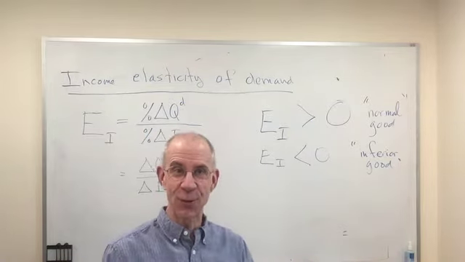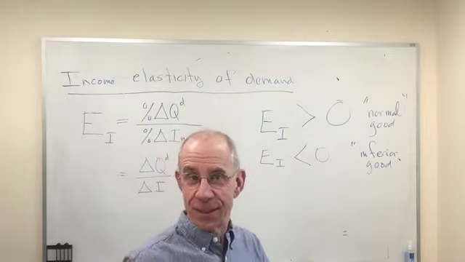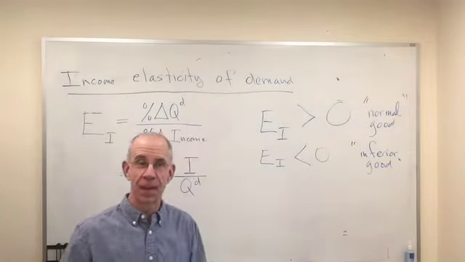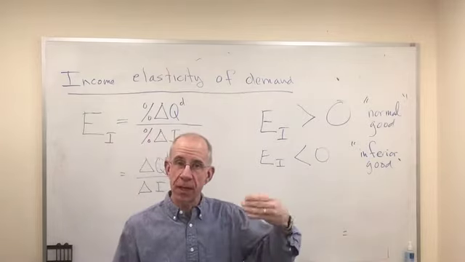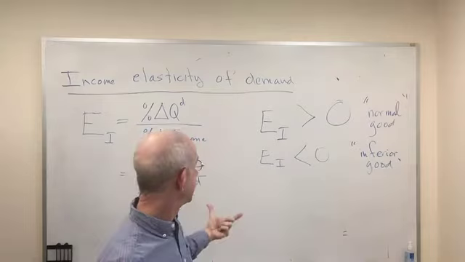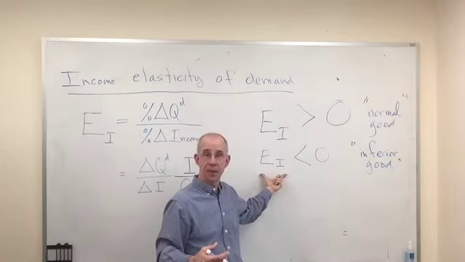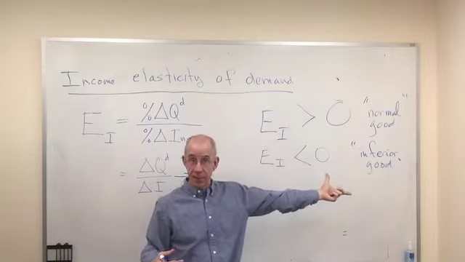After a certain point, I want to have fine Italian pasta or whatever. There could be situations where as your income goes up, you want to buy less of it, and that is depicted as an income elasticity of demand which is negative.